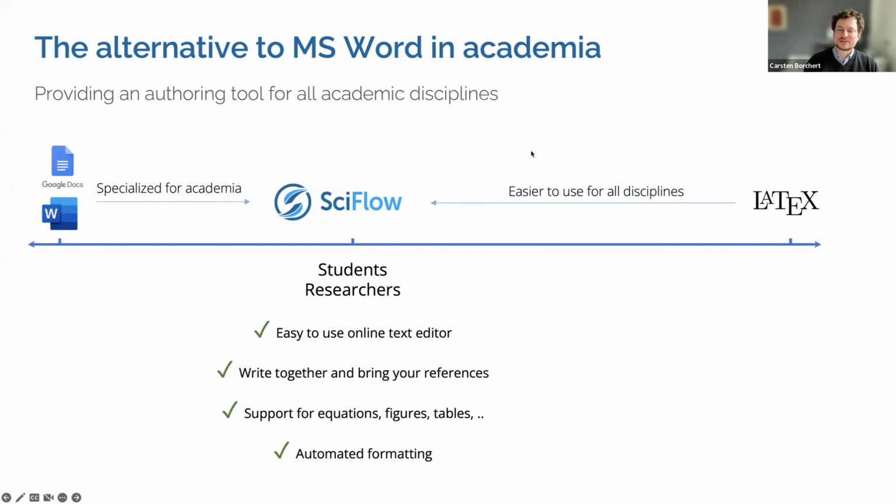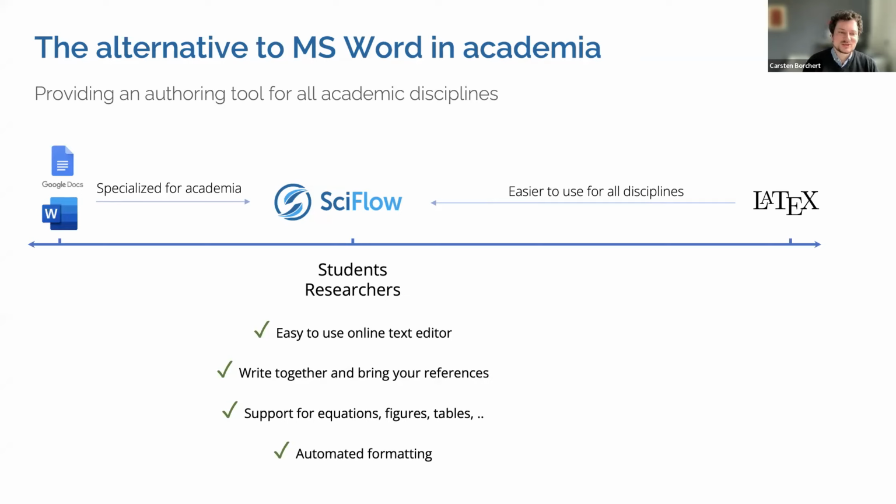Just for the context of SciFlow, I want to mention that SciFlow is supposed to be an alternative for Google Docs in academia. There's also LaTeX, and usually LaTeX users are pretty happy with LaTeX and are hard to convince to use something else.